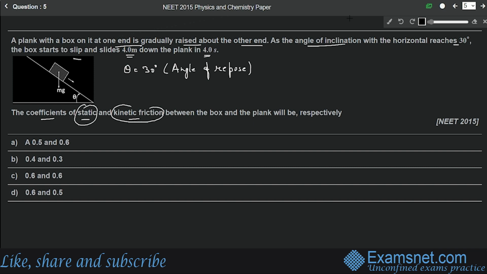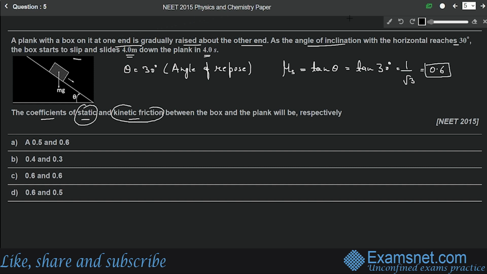Okay. So here it is 30 degree. We know that the coefficient of static friction mu s is equal to tan theta. That means tan 30 degree, which is equal to 1 by root 3, and 1 by root 3 is approximately 0.6. So the coefficient of static friction will be 0.6.